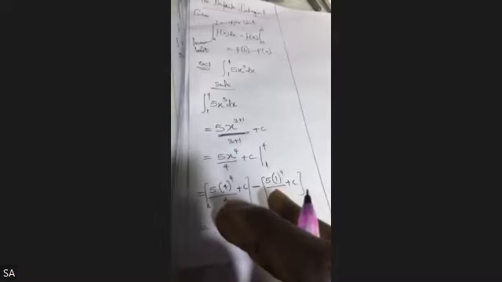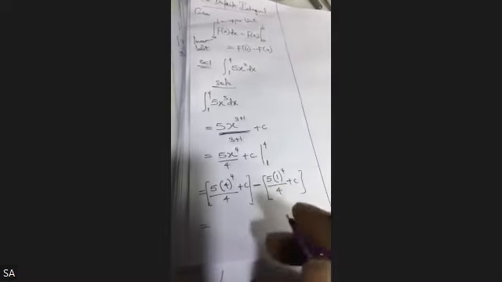64 times 5. 5 times 4 is 20, 5 times 6 is 30, that's 320, right? Thank you, Abigail. That's 320 plus C. So this is this side.